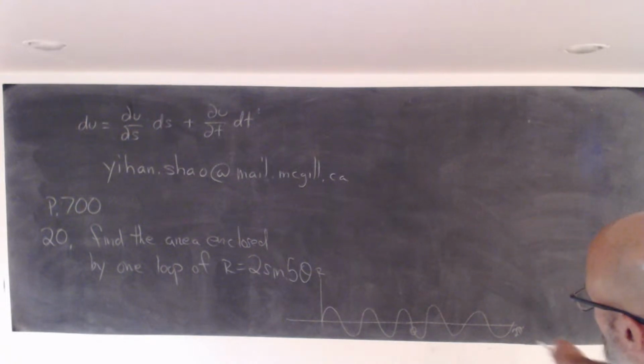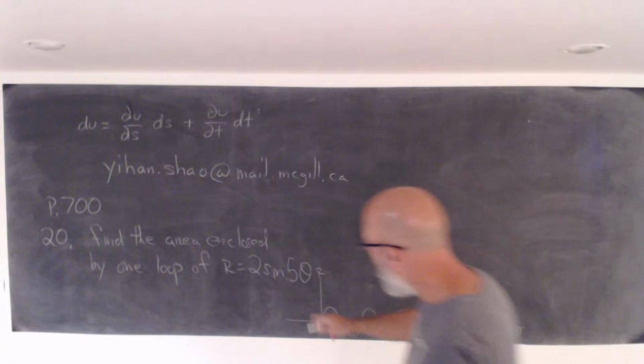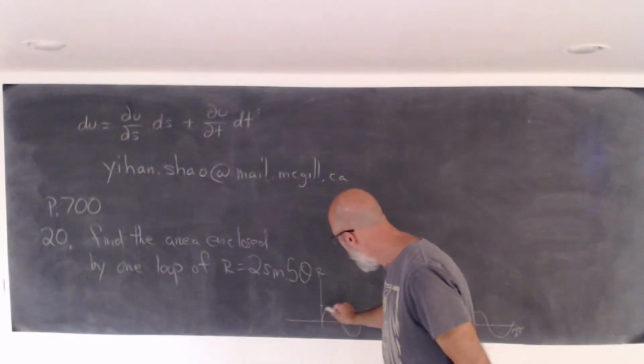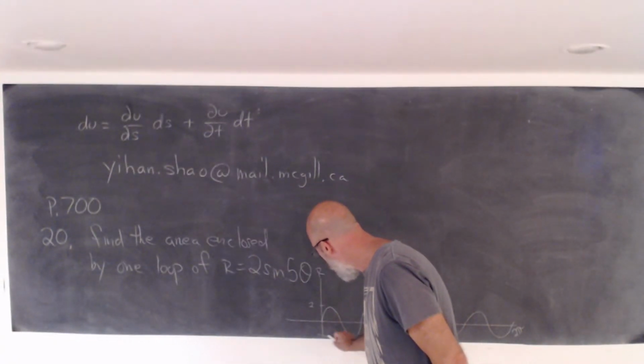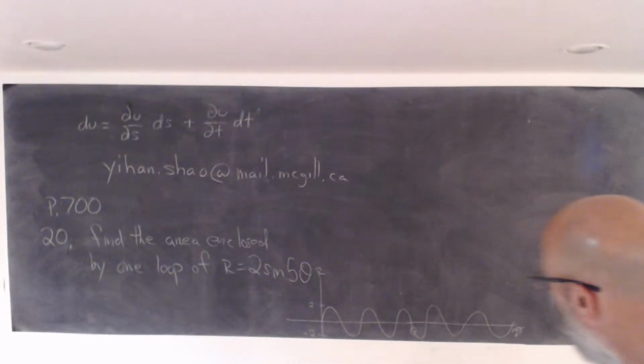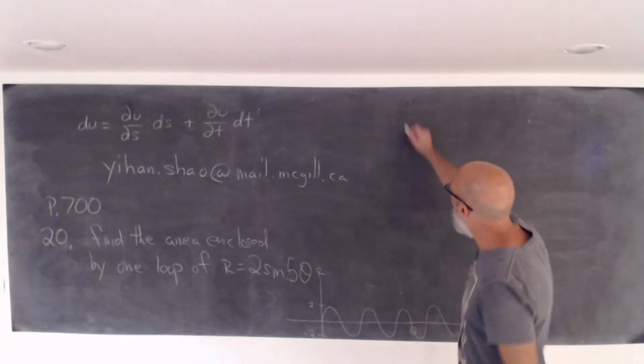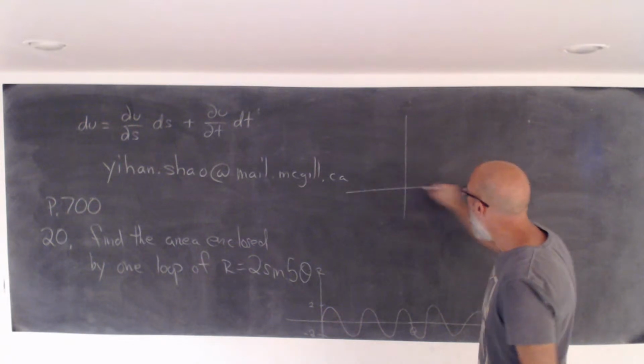The period is 2 pi over 5. And the amplitude is 2. But that's in the r theta, or theta r plane. What we want to graph it in is the xy plane.